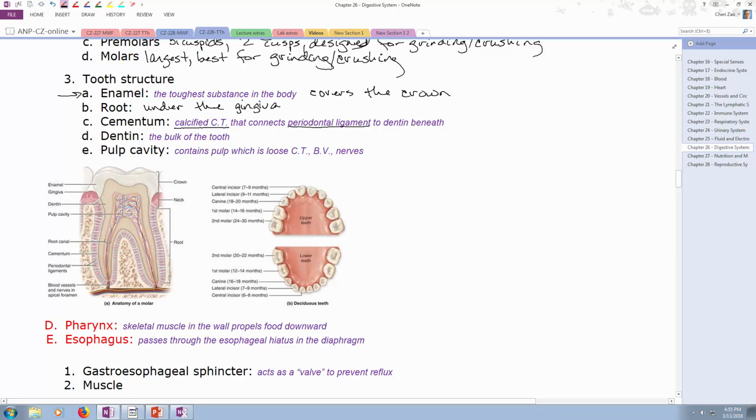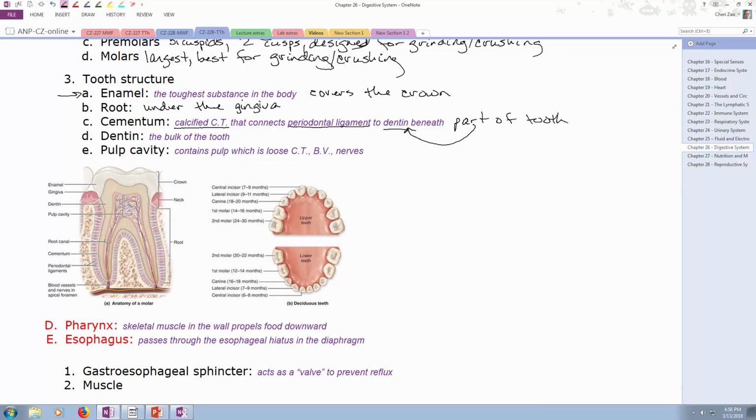So the periodontal ligament is external to our tooth, and dentin is part of our tooth. So cementum is between the dentin and the periodontal ligament and calcified.